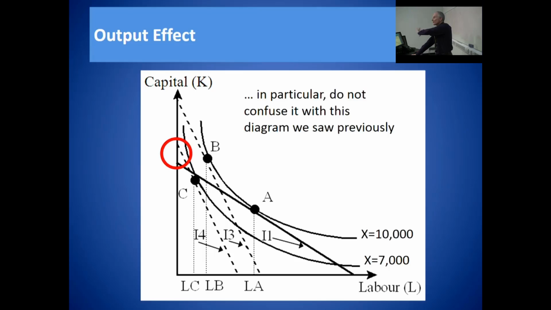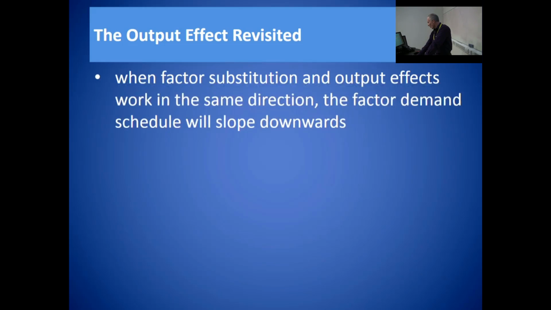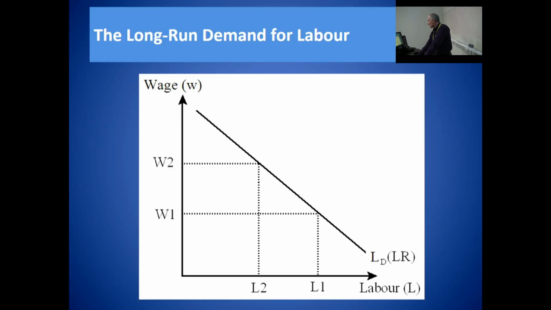Okay, so all of these, you don't need to worry about those. They're not going to be in the exam for you. The long-run factor demand schedule will look like that. It will slope downwards. And there are lots of complicated diagrams that we could go through to prove that.